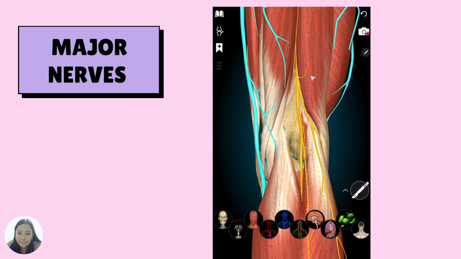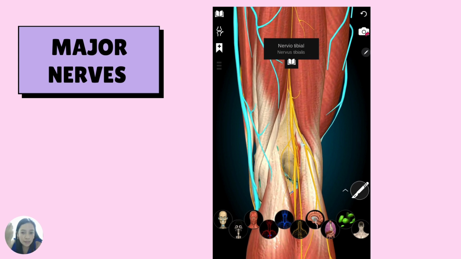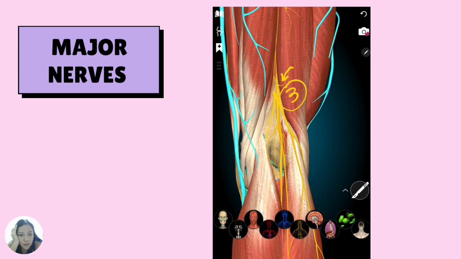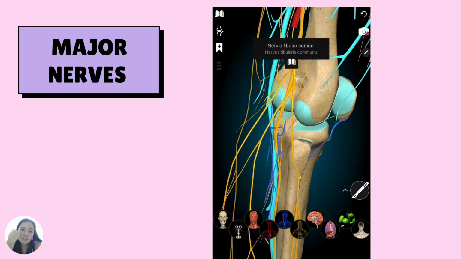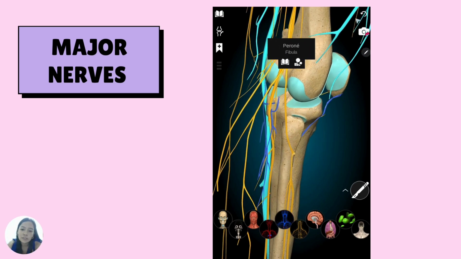So this is the sciatic nerve, the first one. The next one is the tibial nerve, that divides into the fibular nerve as well, and controls the front and posterior part.